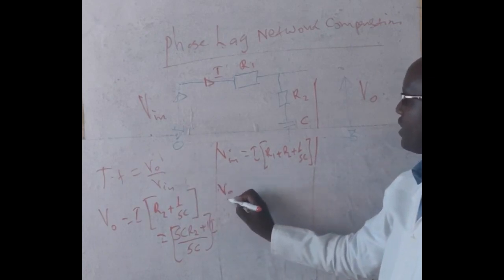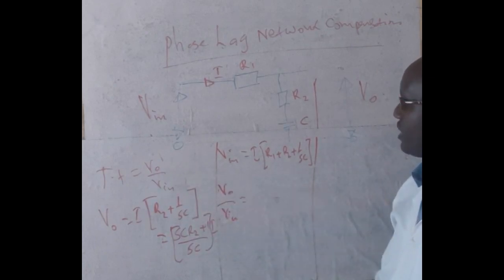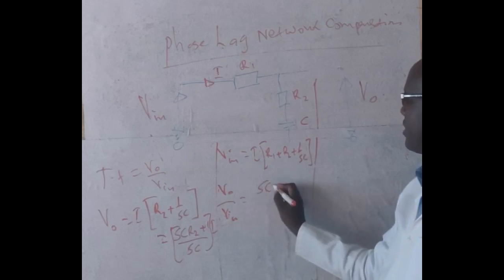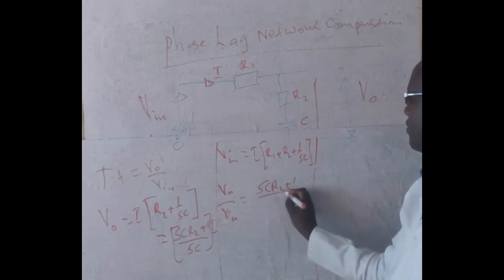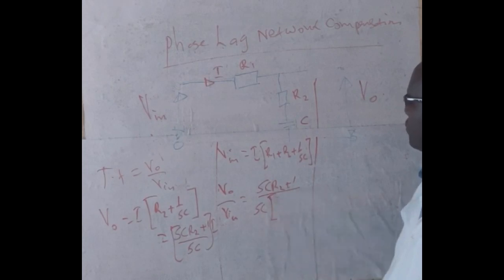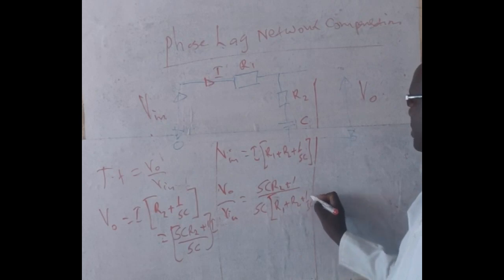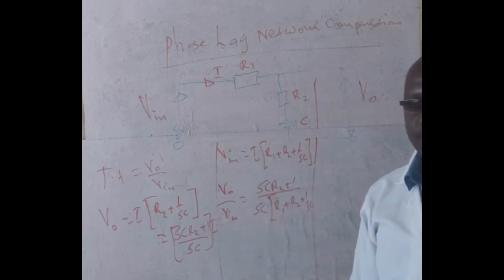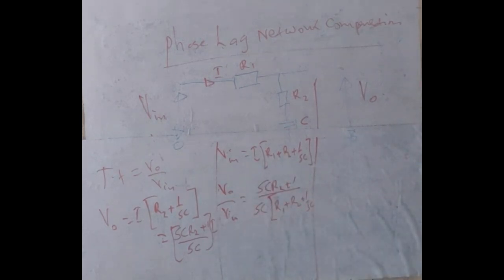So we want to derive the transfer function of this system, and we know the transfer function is V out over V in. So we can start from the V out.